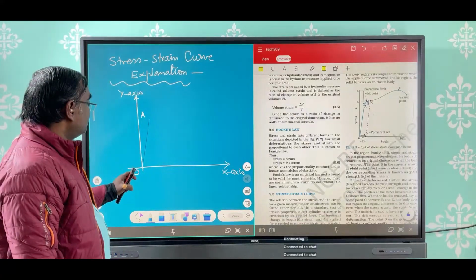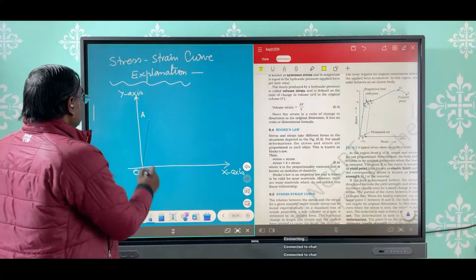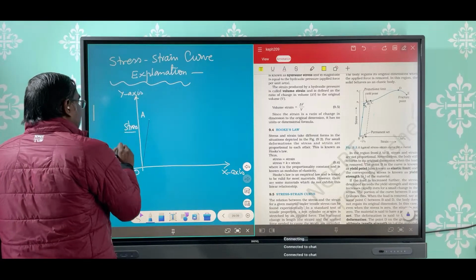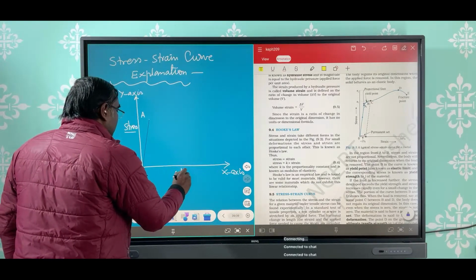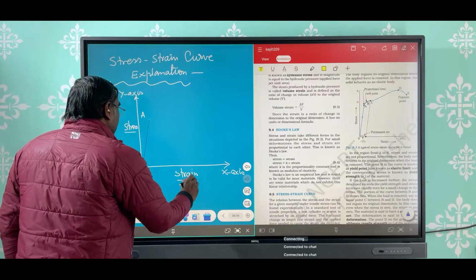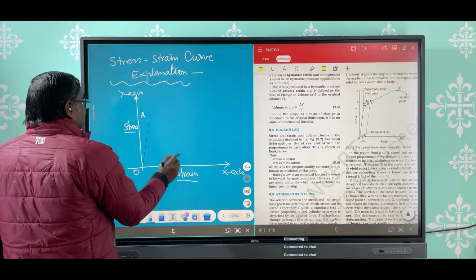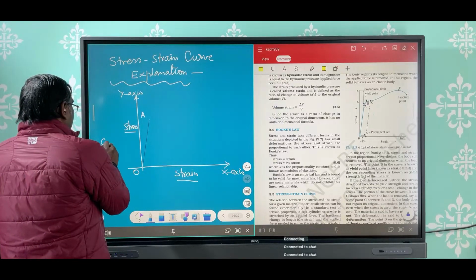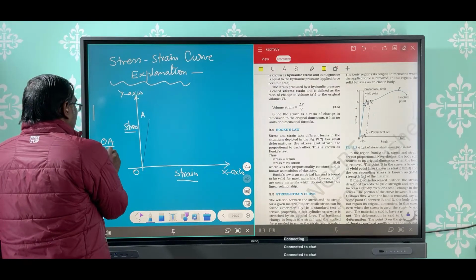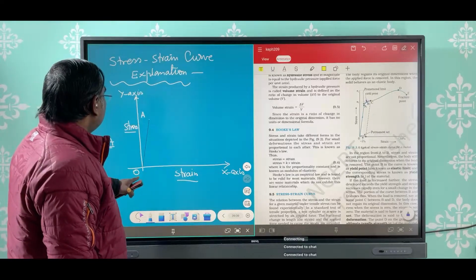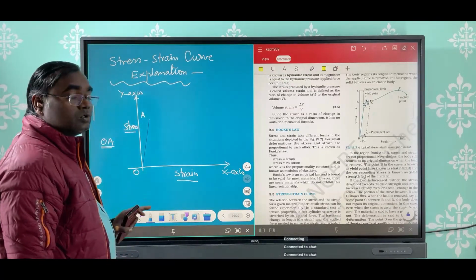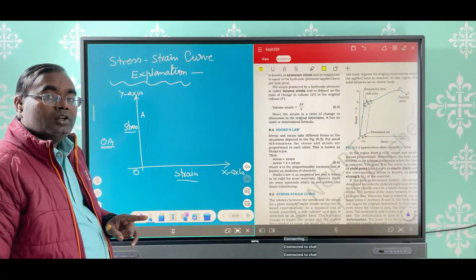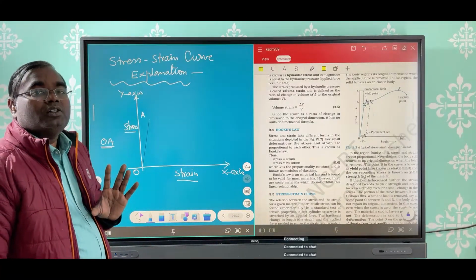Linearity, right? That means OA, this is stress and this is strain. So the OA region shows the linear relationship. That means the metal obeys Hooke's law.